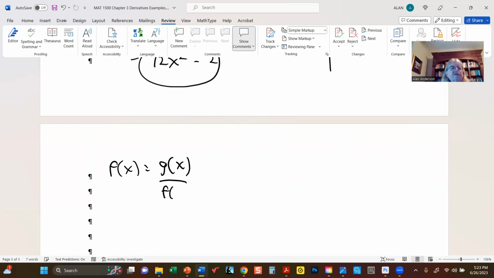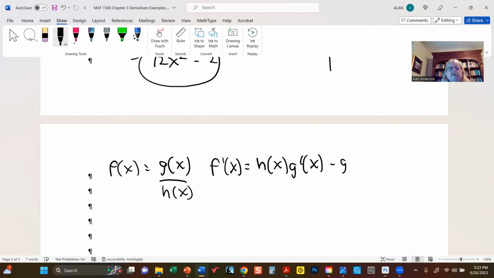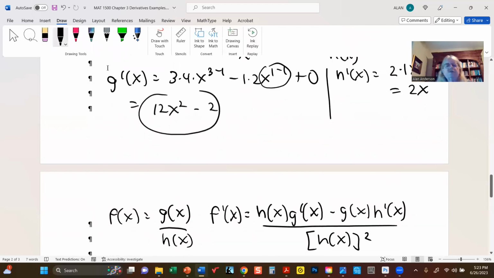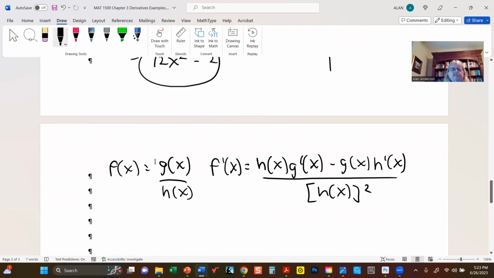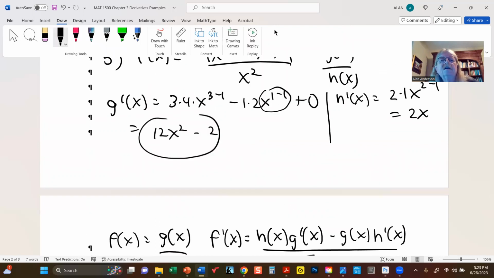Oh, sorry, that's h of x. Okay, there we go. And we'll just copy these from above. f of x was the 4x cubed minus 2x plus 1. Actually, I don't know why I'm doing this. We can just split this.